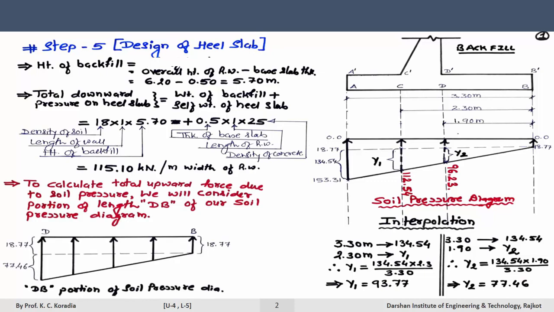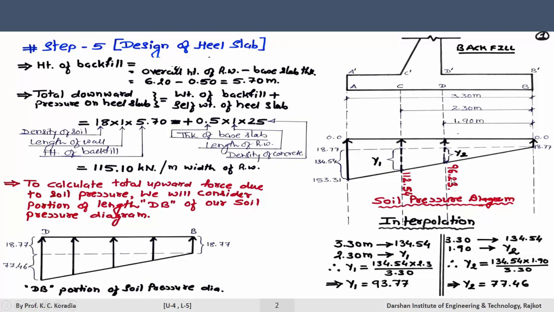Now, to calculate the total upward pressure or upward force due to the soil pressure, we are supposed to consider a portion of length dB of our soil pressure diagram. dB is this value.